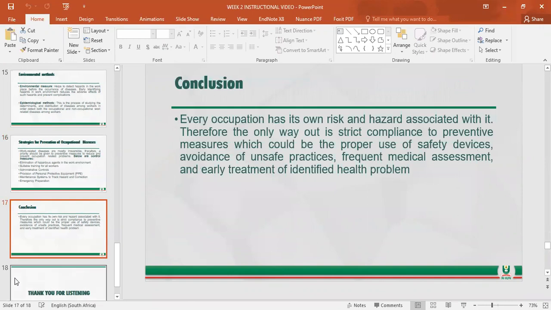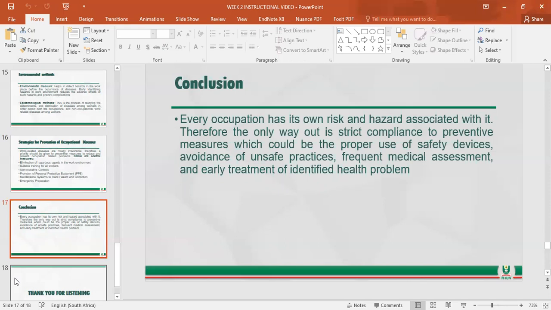In conclusion, for today's teaching, and I will call it teaching, this is not facilitation for today. I'm hopeful that next week it will be a facilitation, with your input and you being fully involved in it. So we've looked at how every occupation has its own risk and hazard.